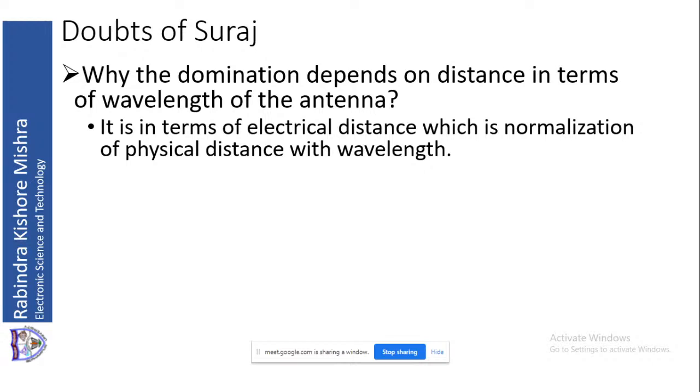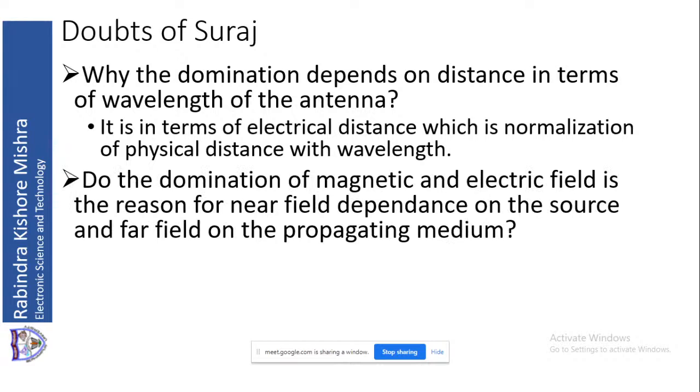Then the next question is, do the domination of magnetic and electric field is the reason for near field dependence on source and far field on propagating medium? Now, I could not understand this question properly, but I think there is no domination of magnetic or electric field.